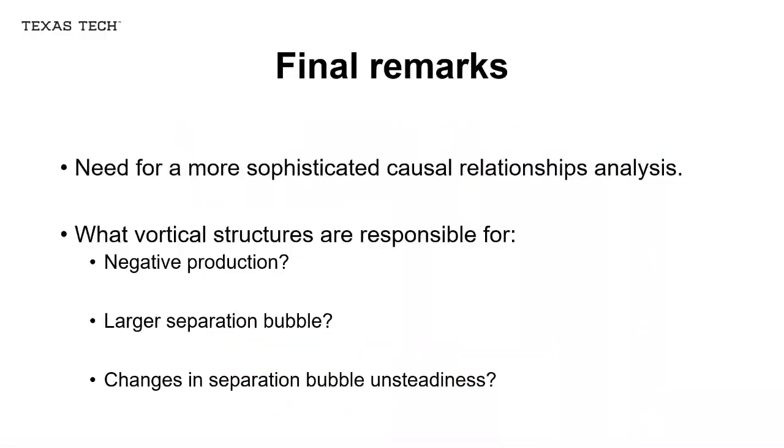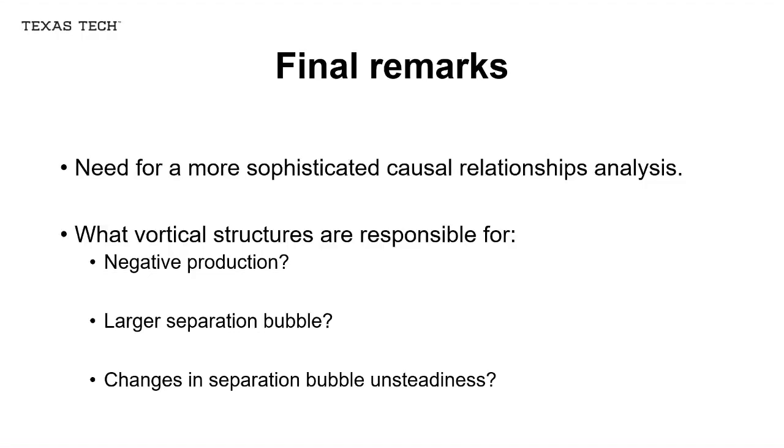As you saw, we did a lot of work on how to explain some of these flow statistics and results in terms of vortical structures, but we want to obtain causal relationships between vortical structures in different regions over this bump and the effect of grooves.